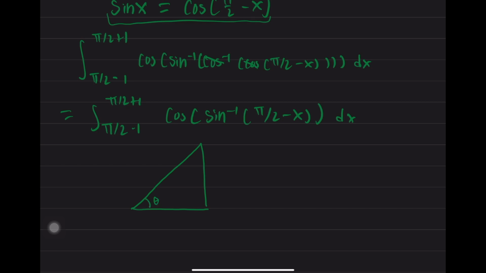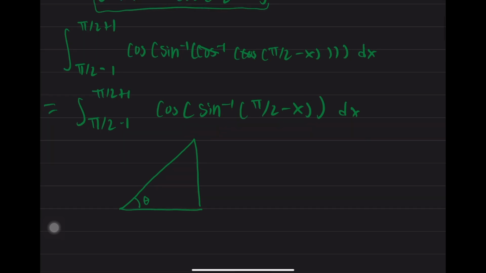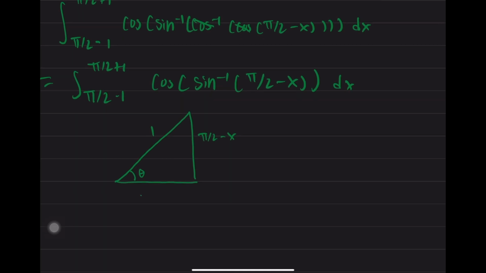We went opposite and hypotenuse, and we said the ratio, sine theta, the opposite over the hypotenuse, was pi over 2 minus x over 1. At the simplest ratio, we can leave this like this. So sine inverse of pi over 2 minus x over 1 is theta.